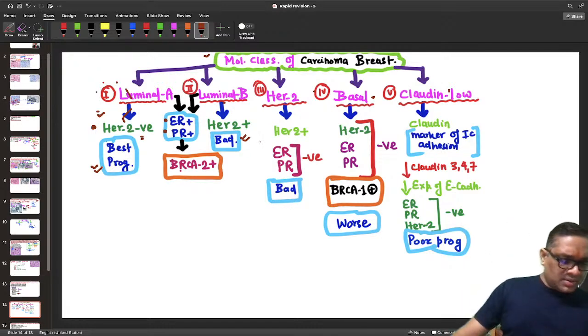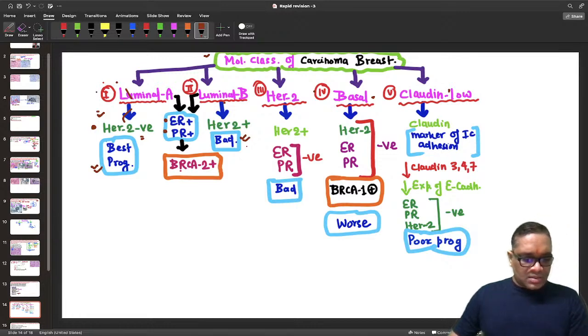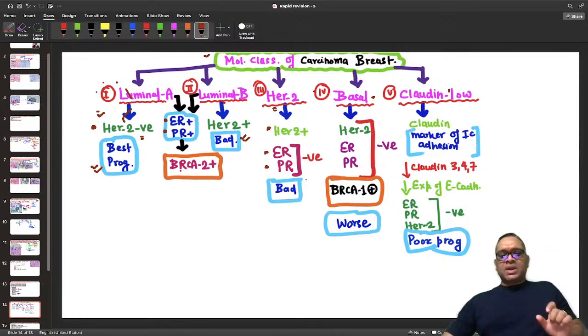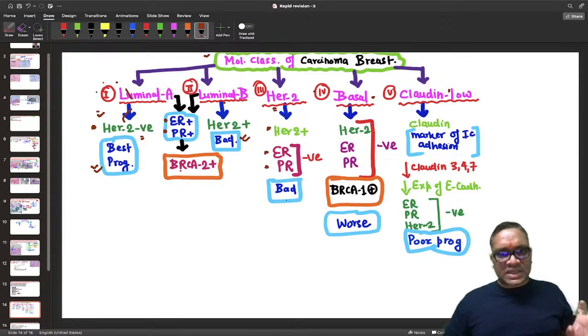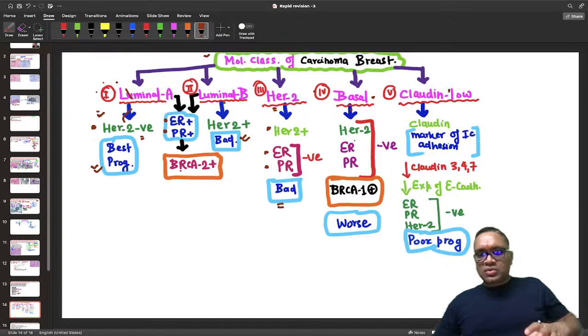HER2 type will be HER2 positive, ER, PR negative. Because HER2 is positive, they also have bad prognosis. Basal carcinoma, see, basal means 0, all will be 0.